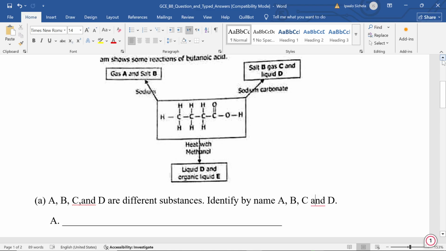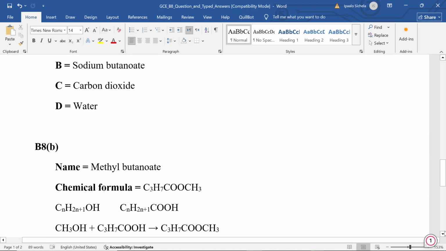If you change from ano to YL, it's going to be methyl.